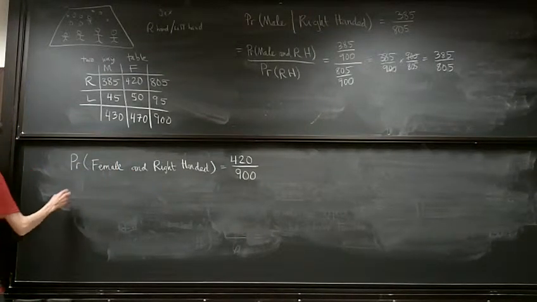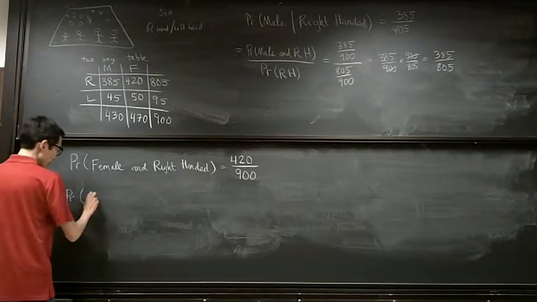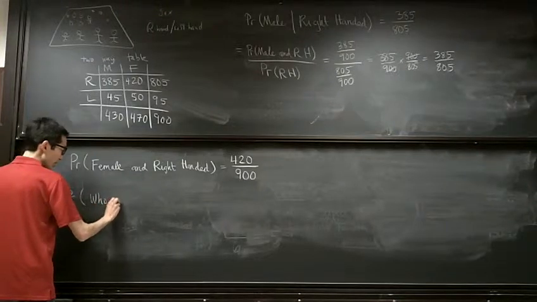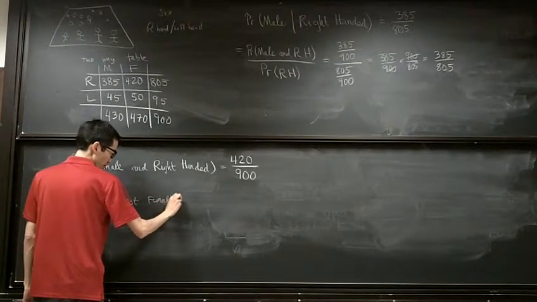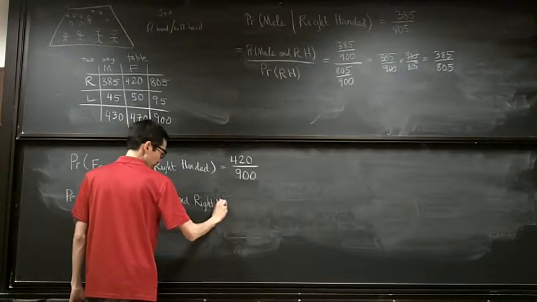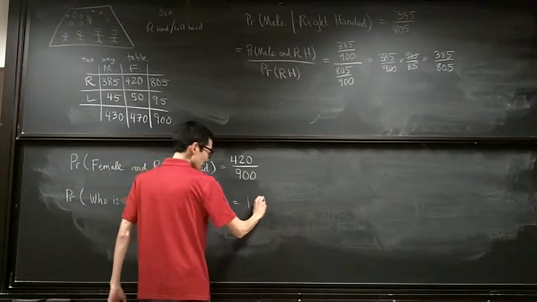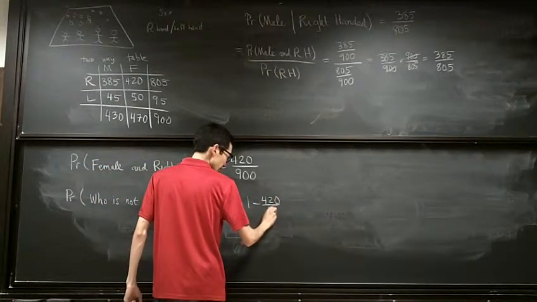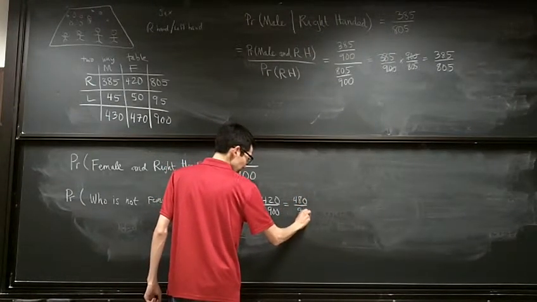What if I said, what is the probability that we pick someone who is not female and right-handed? 1 minus 420 over 900. Yeah, okay, so 1 minus 420 over 900, and that would be 480 out of 900, if you do your fractions.